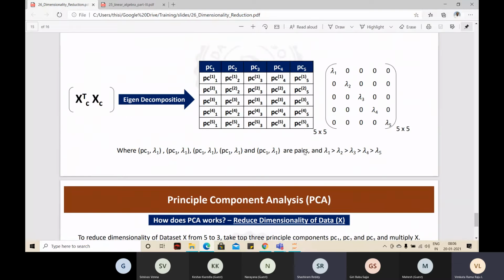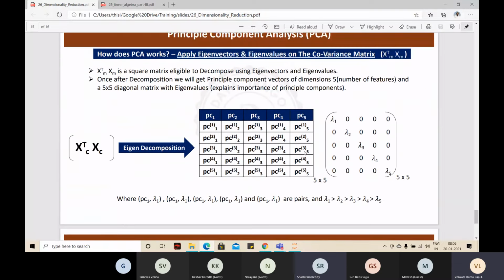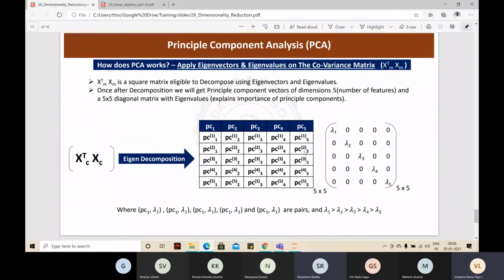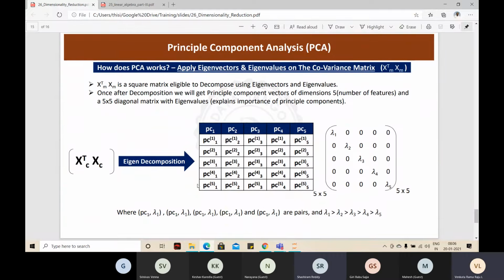Slide numbers will be convenient for you to talk. Once we apply X transpose, we said that it is actually a square matrix. There is a small correction there. XX transpose is going to be M by M matrix. X transpose X is going to be N by N matrix.